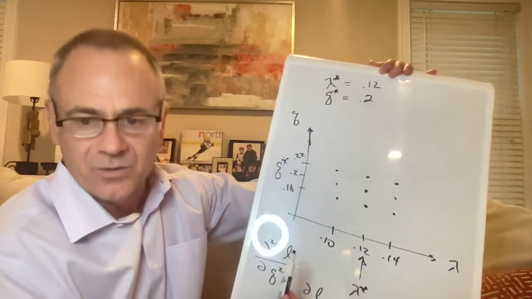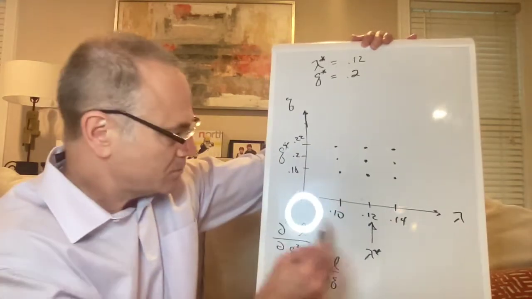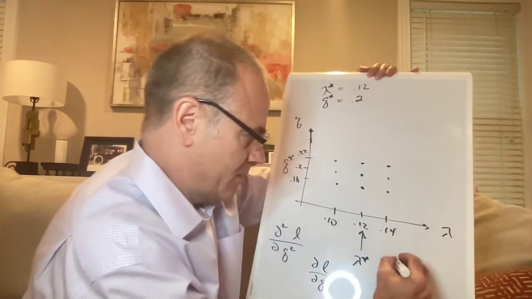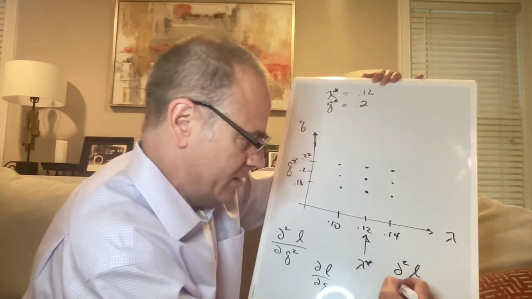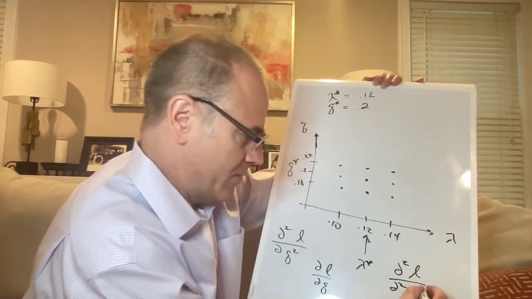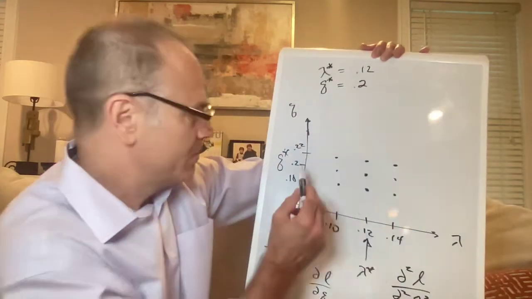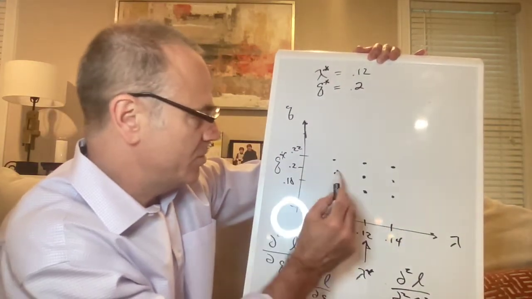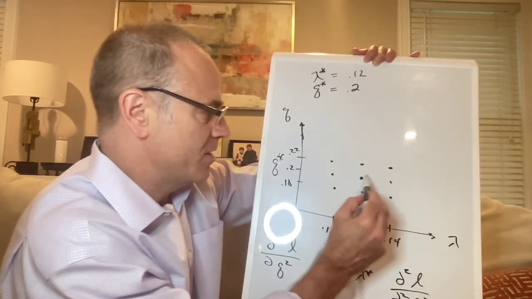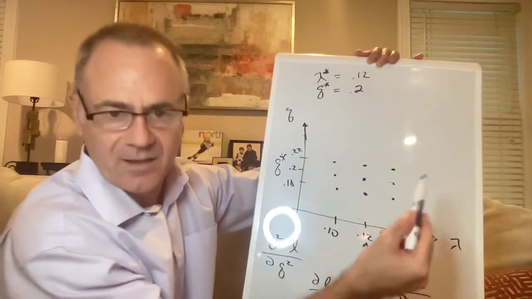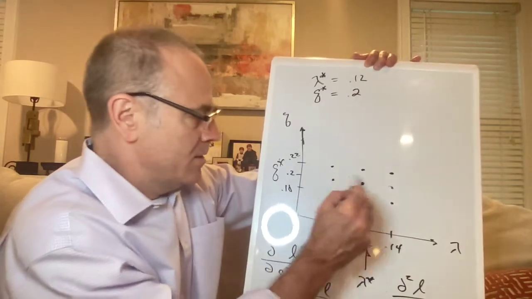You're going to do something similar with d squared L d lambda squared. Let's set q equal to 0.2. Look at the derivative as you go from here to there, and look at the derivative as you go from there to there. That is varying lambda.